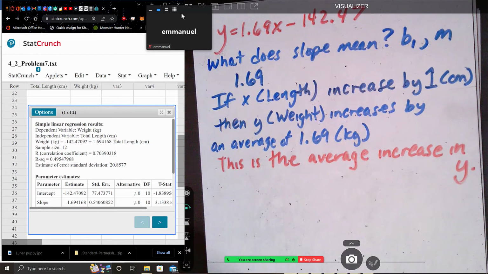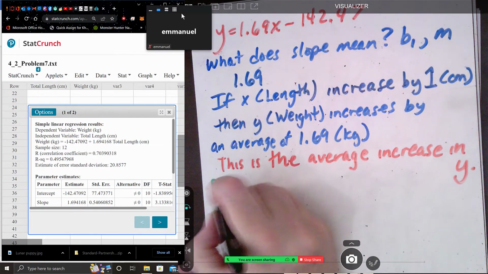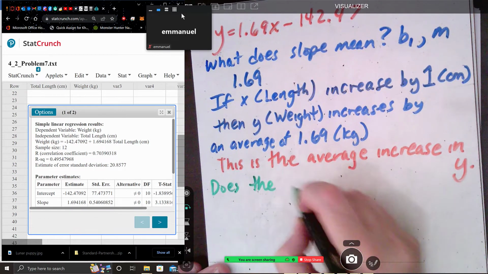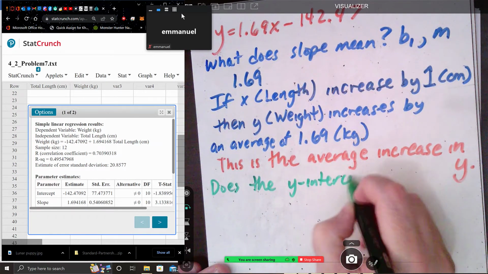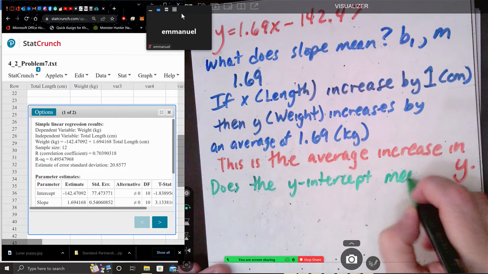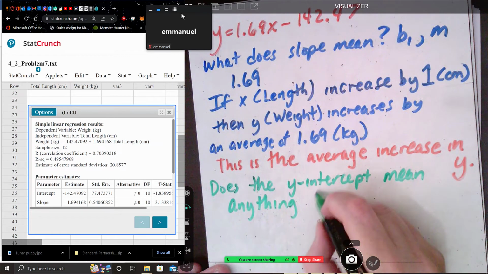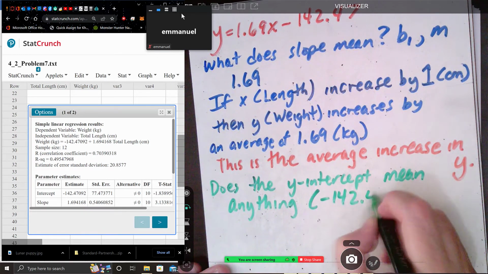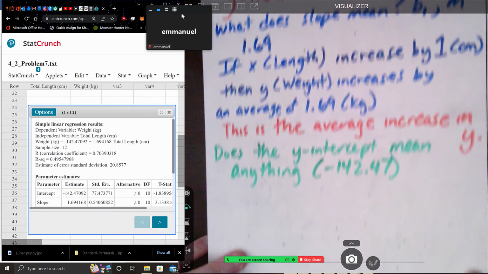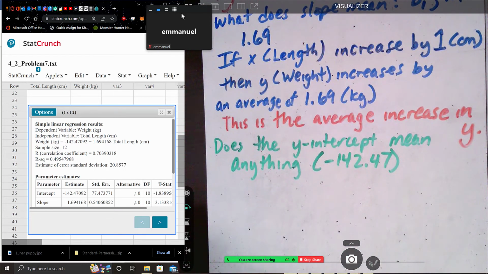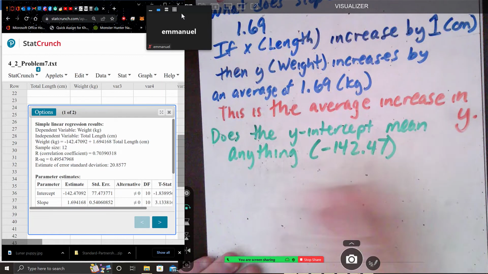Other things to take note of that they should ask you about. Does the Y-intercept mean anything? In our problem, it's the negative 142.47. And this is the rule that you want to live by. 1.